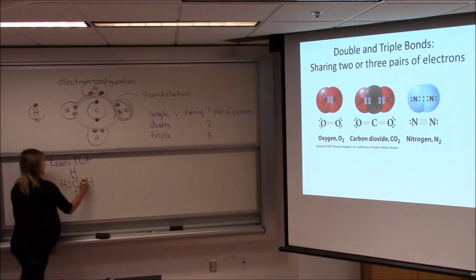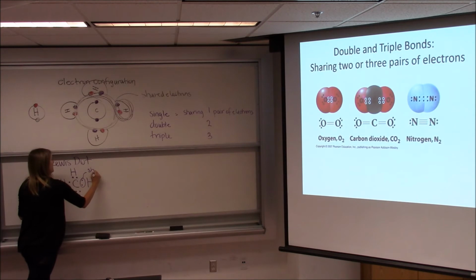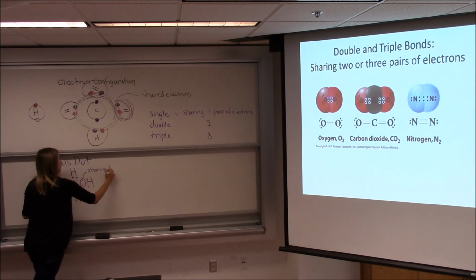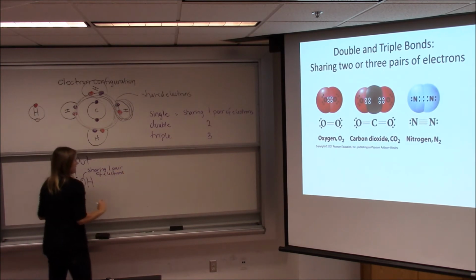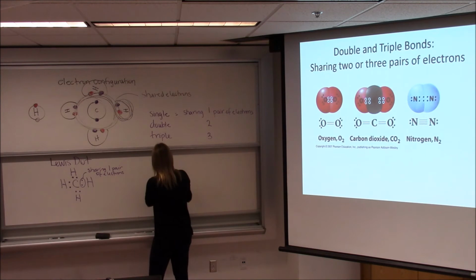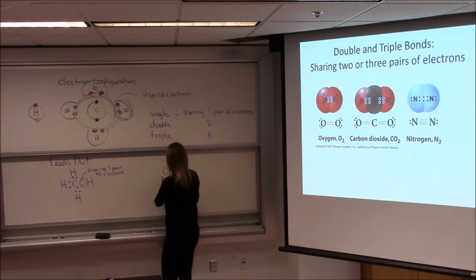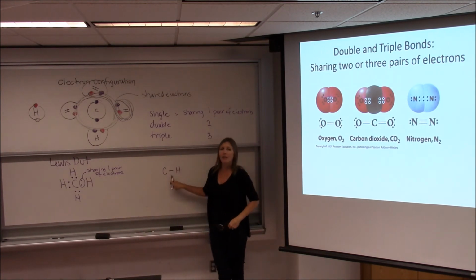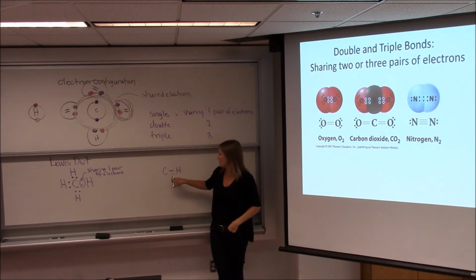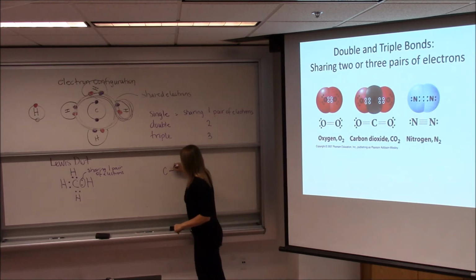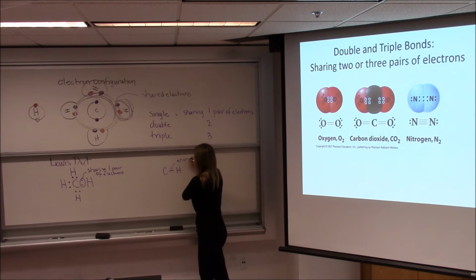Sharing one pair of electrons. So that would be a single covalent bond. Even simpler, we can just draw a line between carbon and hydrogen. And that line implies sharing one pair of electrons. So this is also a single covalent bond.